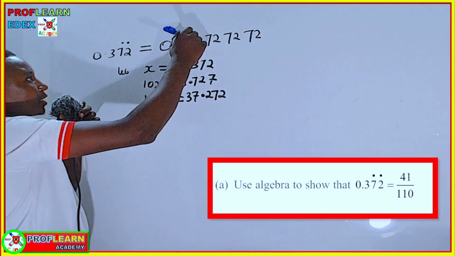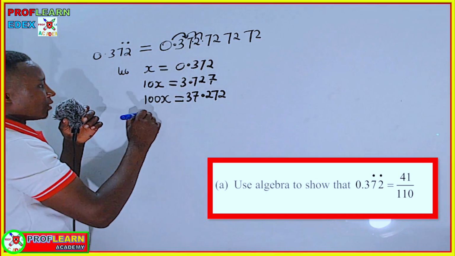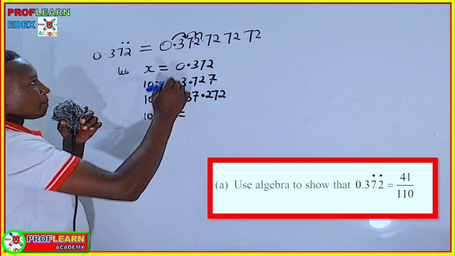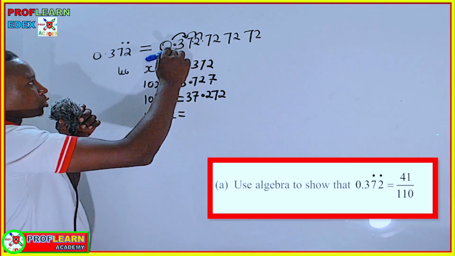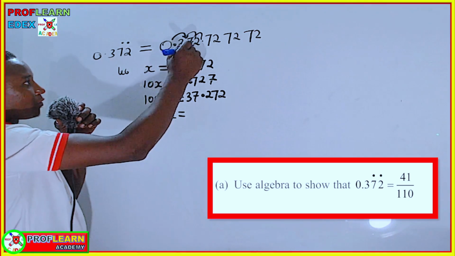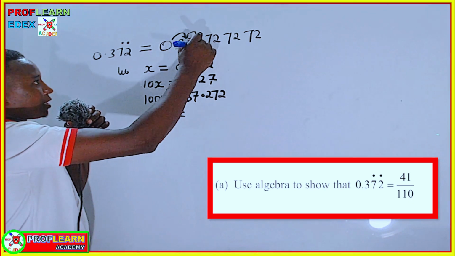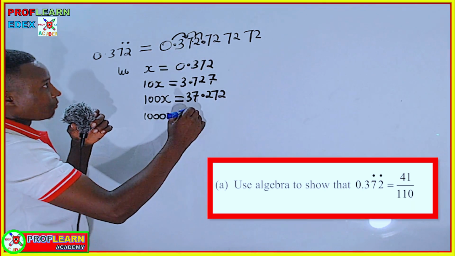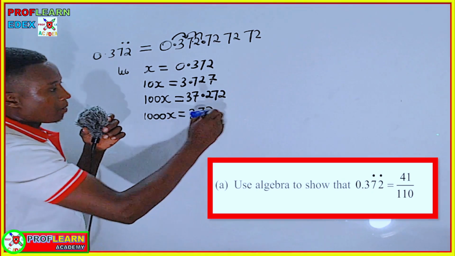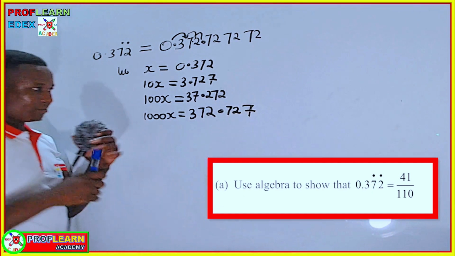So we need to move the decimal one step further. Now 1000x is going to be, because you move 3 steps, 1 2 3, the decimal will be here, so we shall have 372.727.